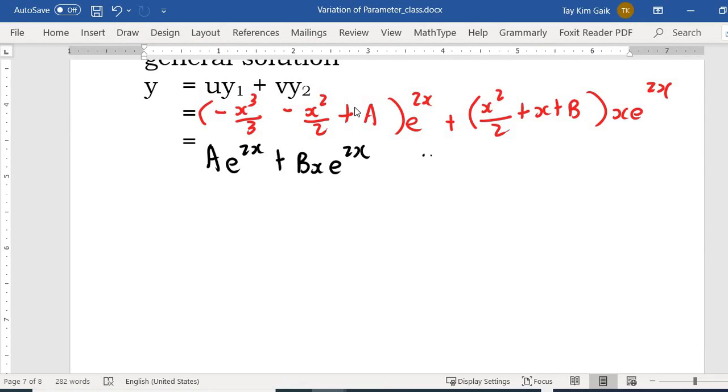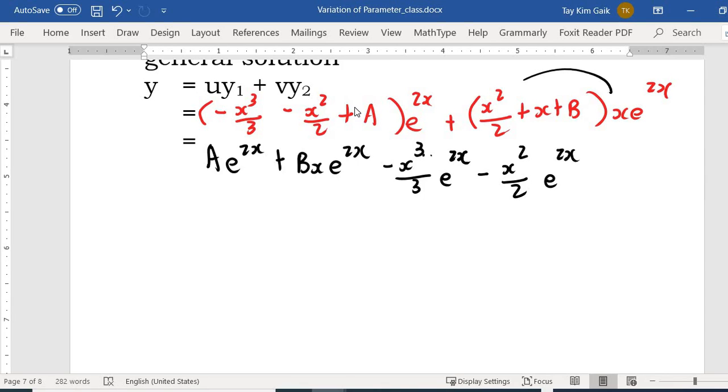Then you have negative x cubed over 3 and negative x squared over 2 multiplied with exponent 2x.